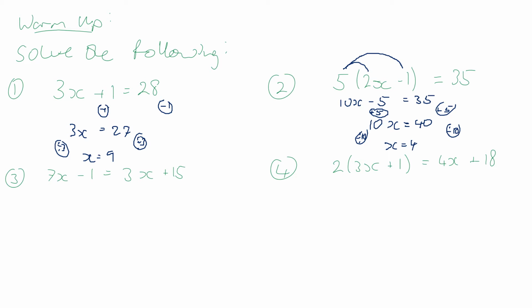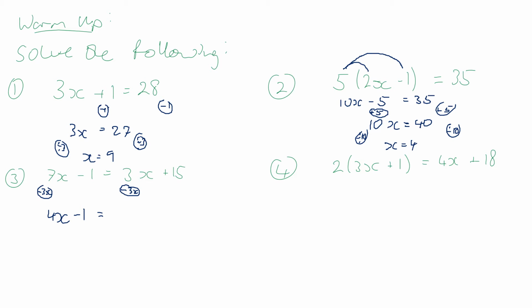Okay, for the next one, this time we've got x's on both sides. So when you've got unknowns on both sides, you want to get rid of the smallest unknown first. So the smallest unknown is the 3x. So I'm going to subtract 3x from both sides. Okay, so we've got 7x take away 3x, we get 4x minus 1 on the left hand side.